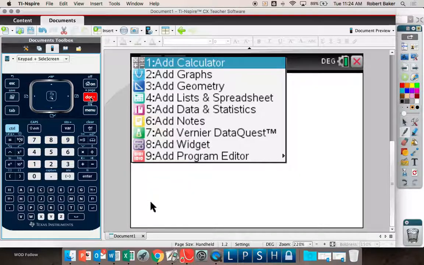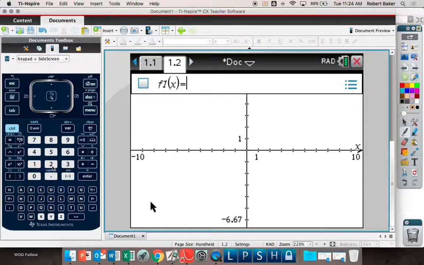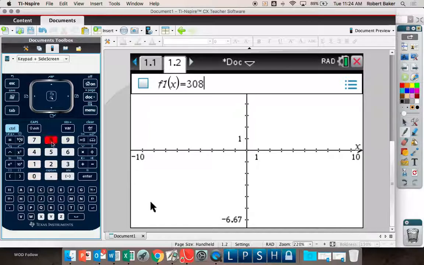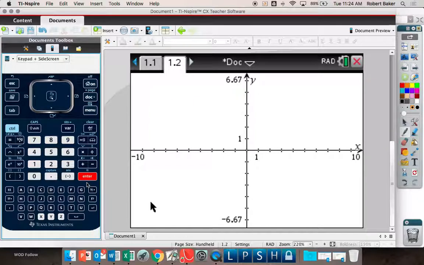New page, that's 2 keystrokes. Add a graph, 3. We did 4, 5, 6, 7, 8. 308 divided by x, that's 8 keystrokes. Enter, 9. Control T, 10, 11.